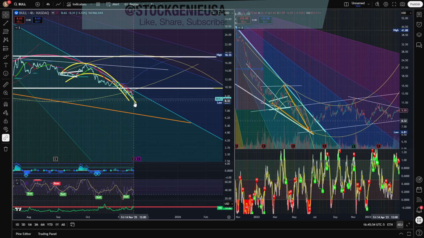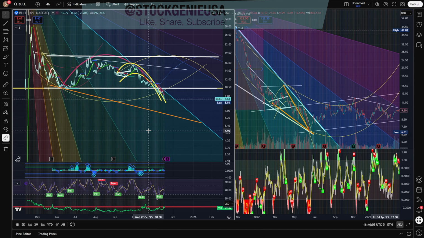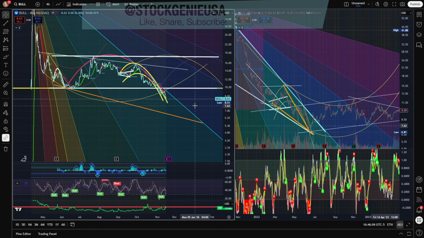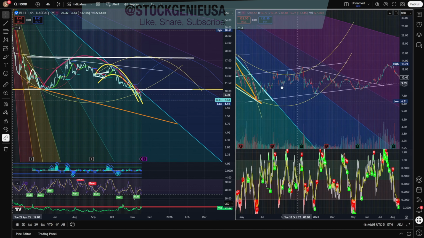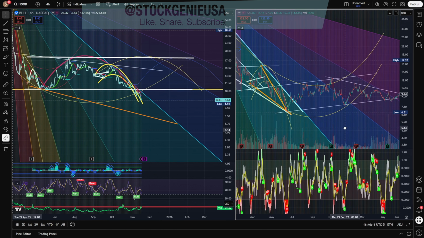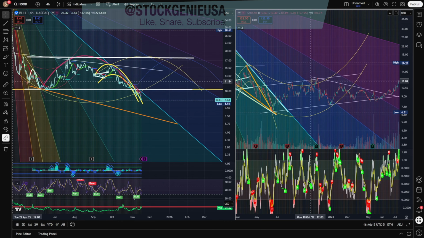Who knows? But the point is that no, this guy could keep bleeding, and then when you find support here at 645, then you would start to break out, mimicking exactly what Robinhood did. And then here's your 1, 2.